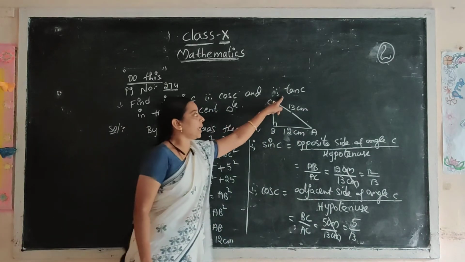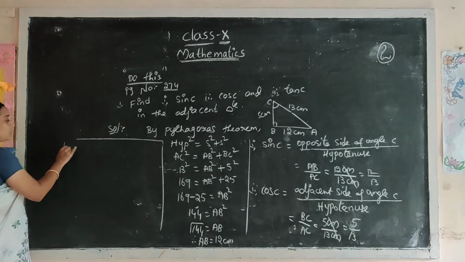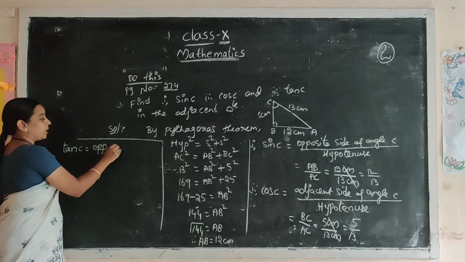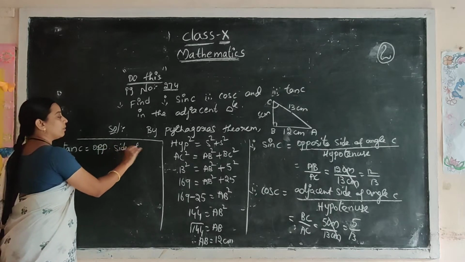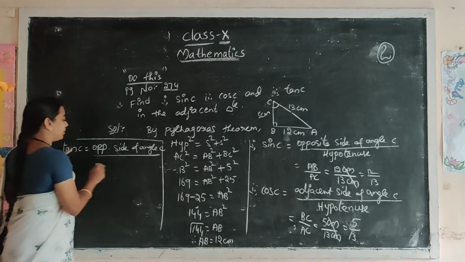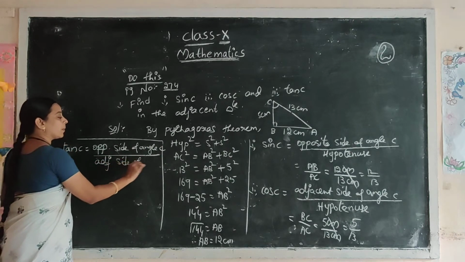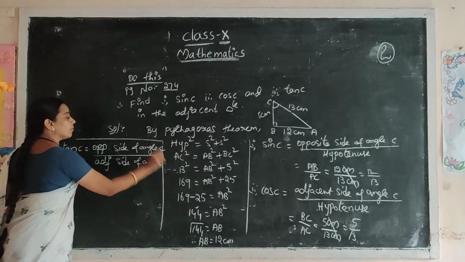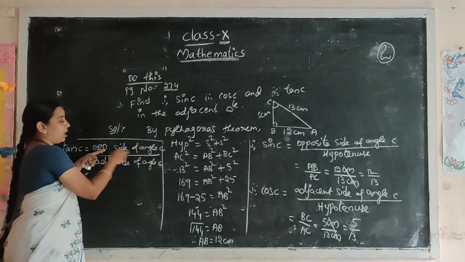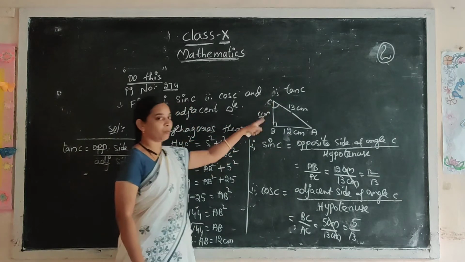And the third is tan C. The tan formula is opposite side of angle C by adjacent side of angle C. C opposite is AB, C adjacent is BC.